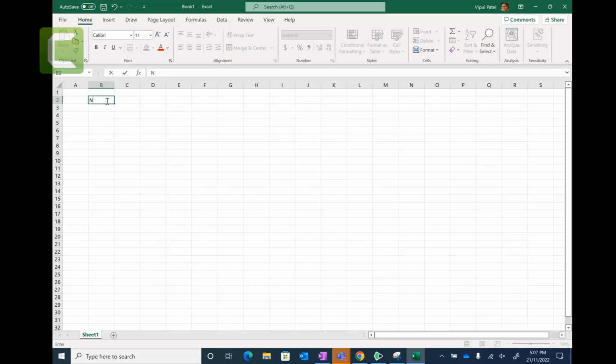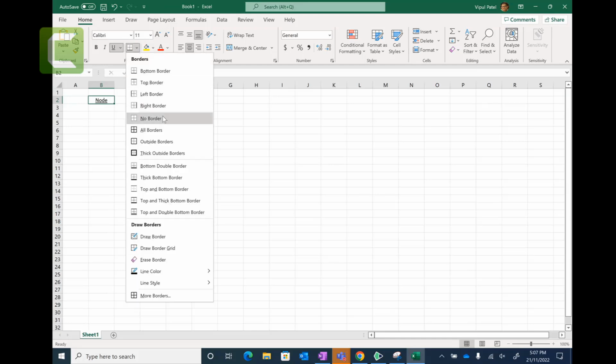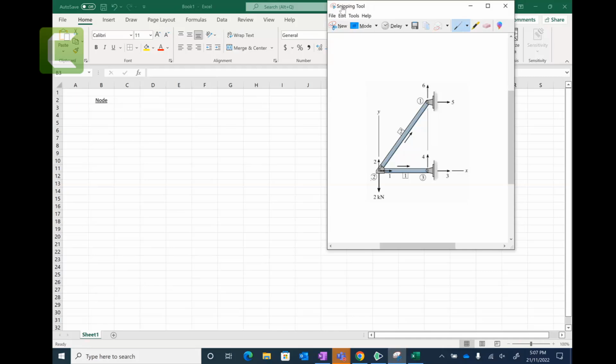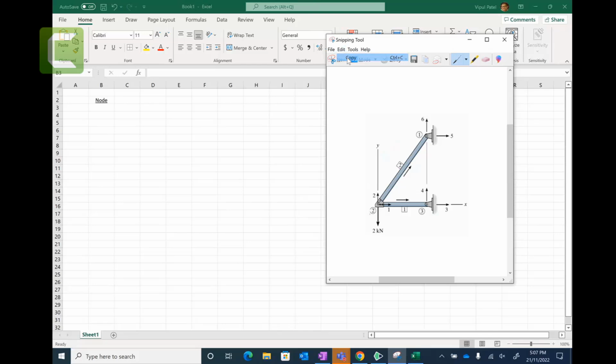So how many nodes do we have? Let's write the node here. If you want to follow, just open the Excel and write the node. Let's get the figure by the way. Copy.